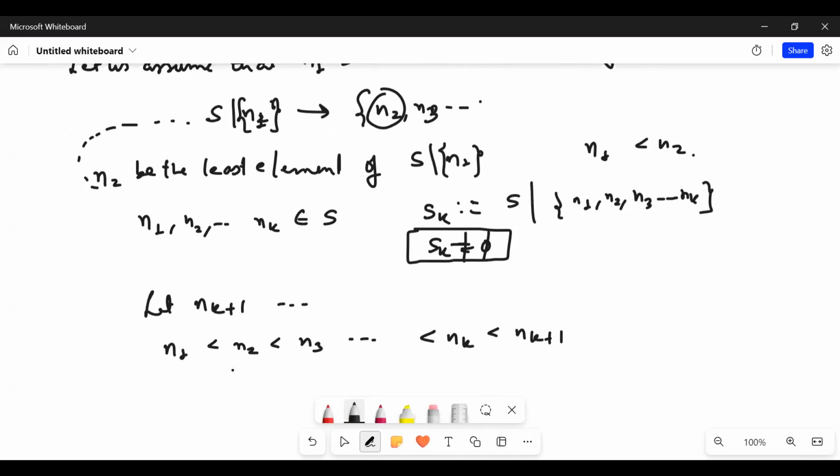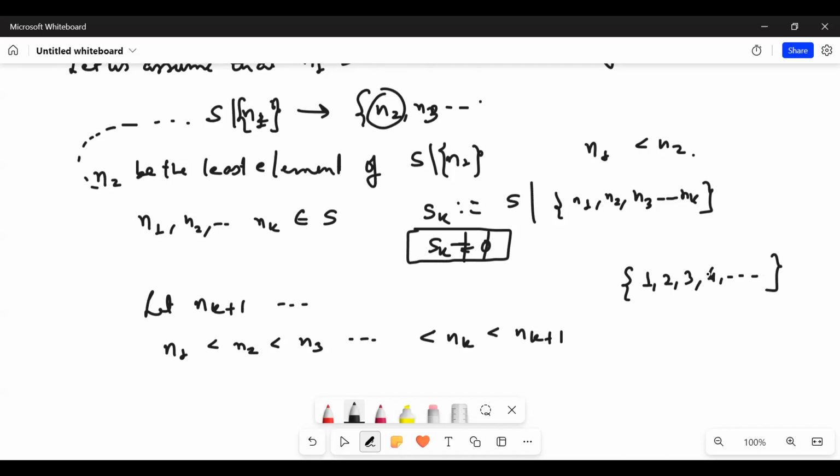One of the most important observations: in any set, let's say I had the set of natural numbers itself, so if I'm making different subsets of a set, one of the subsets would be the set itself.